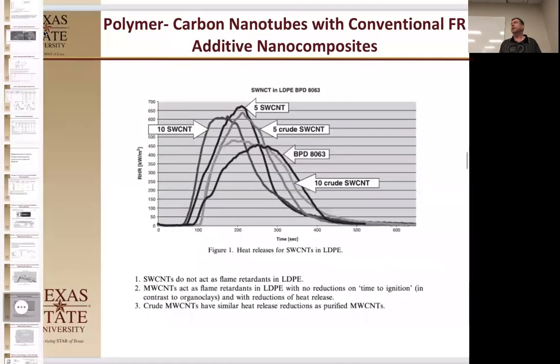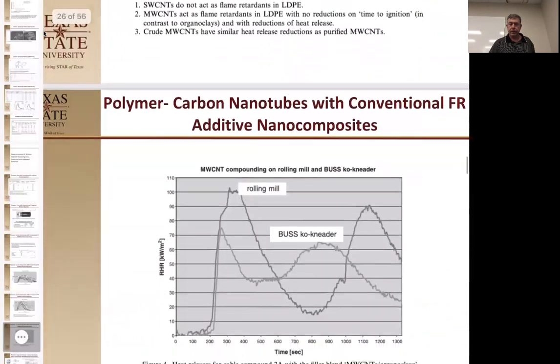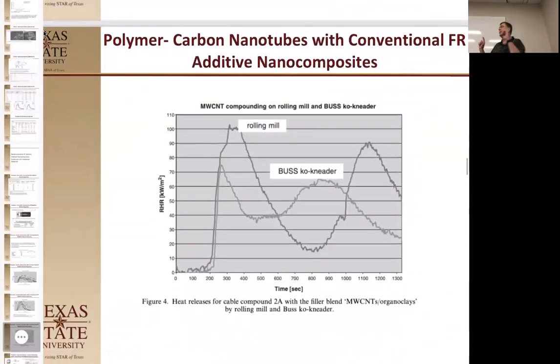And of course, there might be some broken ones or little ones or whatever. But then they went on to do two different things using the same formulation. They blended their same formulation by two different methods. One was the lab rolling mill, one was the co-kneader here.